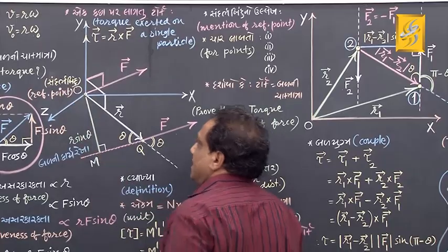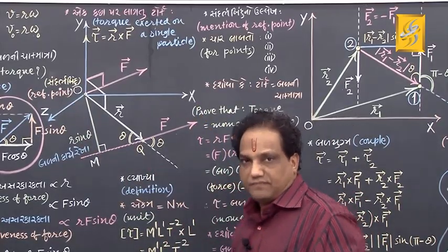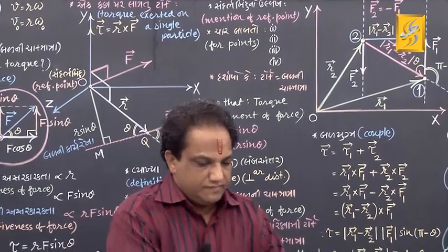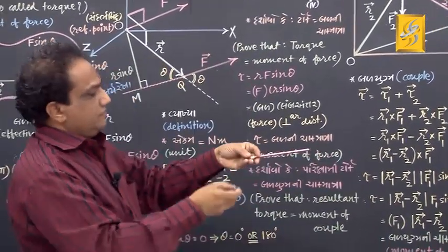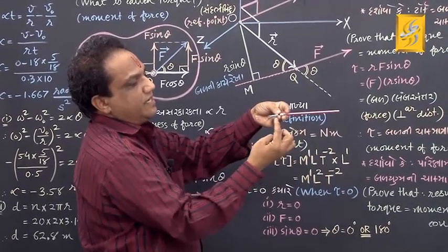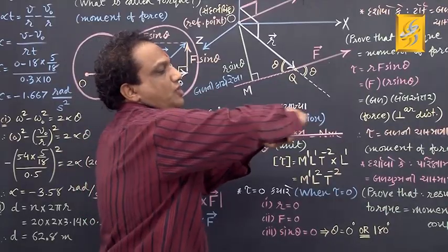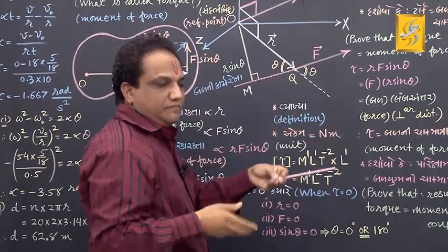Fine. Now think of the xz plane. If this one is the x axis and this one is the z axis, then the plane passing through the x and z axis is this horizontal plane. Okay, fine.